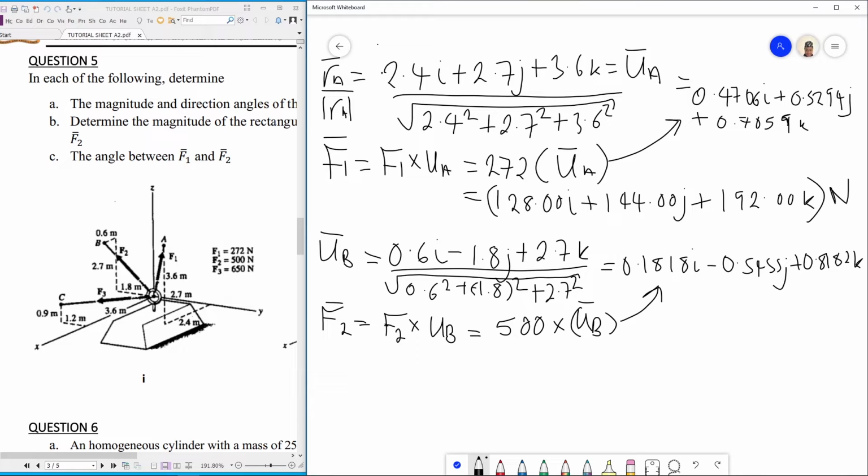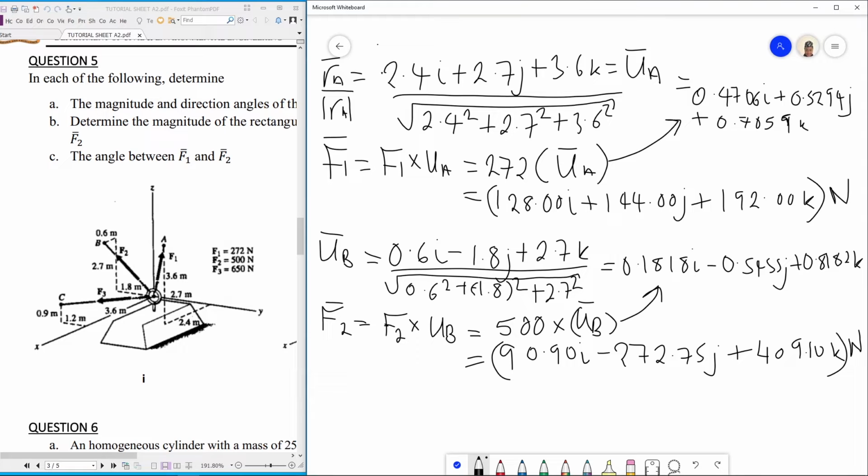And when you do that, your vector for F2 will be equal to 90.90 I, minus, it has to be minus, 272.75 J, and then plus 409.10 K. All these are newtons.